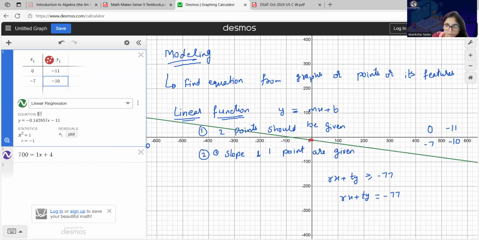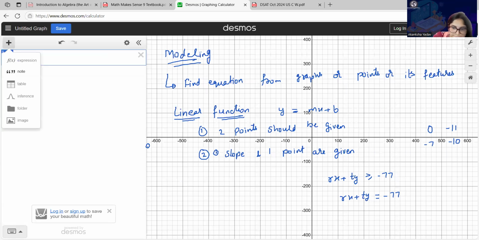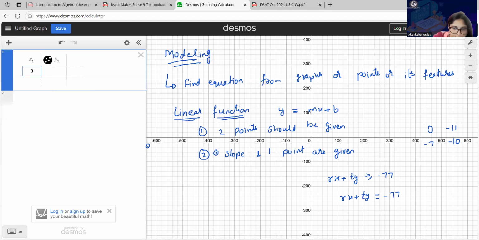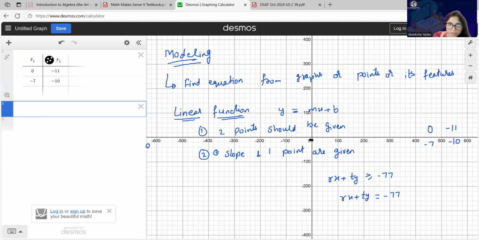Now, this is not the equation we want. We want it in this form rx plus ty, right? So let me write the table again. We won't go here because it will give you y is equal to mx plus b. We will directly write whatever it is as it is in the form of regression.